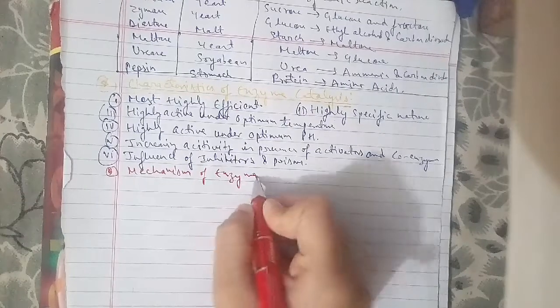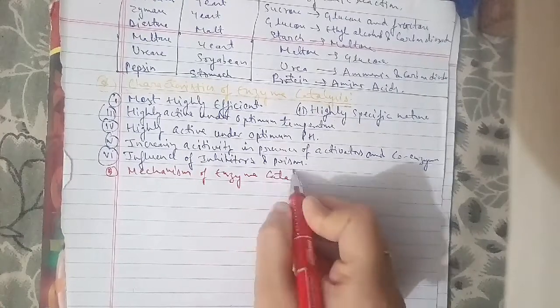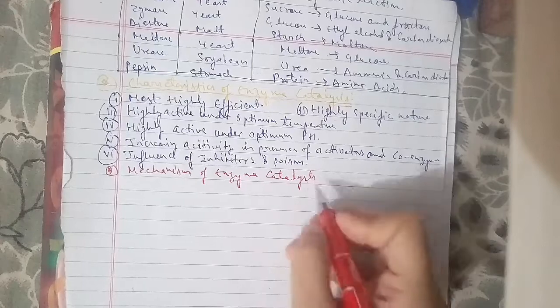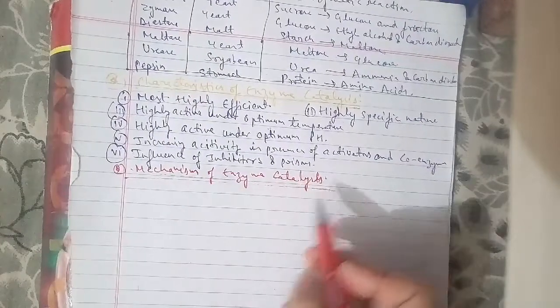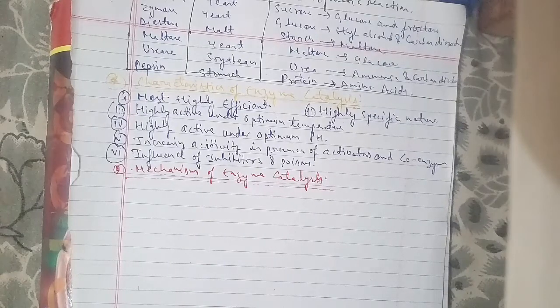On account of the presence of the active groups, an activated complex is formed, which then decomposes to yield the products. Thus the enzyme catalysis reaction can be considered to proceed in two steps. First we'll draw it, and then I will tell you about it.